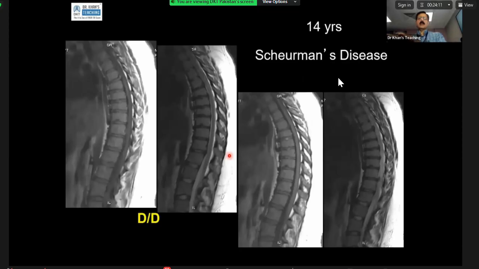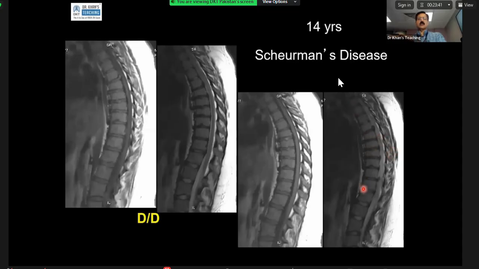MR, same. This is a 14-year-old with Scheuermann's disease, and you can see the same finding on this MR. So MR is also an exam case, remember. If you look at the end plates, and look at these intravertebral disc herniations, and look at the anterior portion, the height is reduced as if there is a compression fracture.